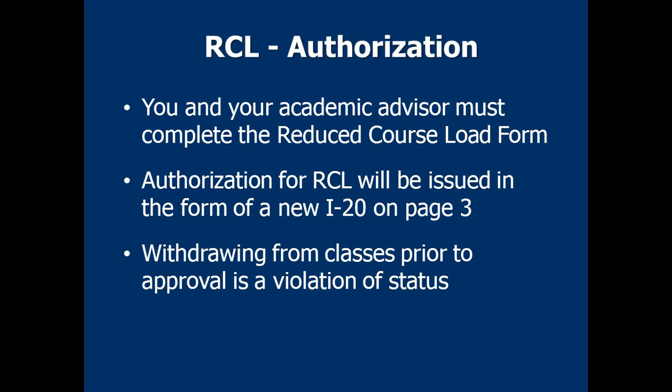This is the process of how you obtain RCL, or reduced course load. You and your academic advisor must complete the reduced course load form, which is available online. Please refer to the web address that was provided earlier.